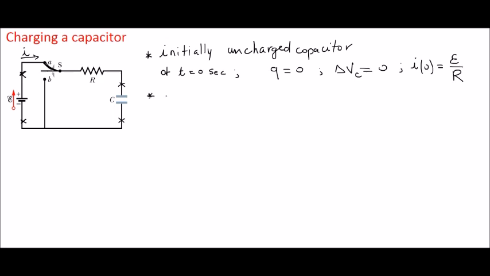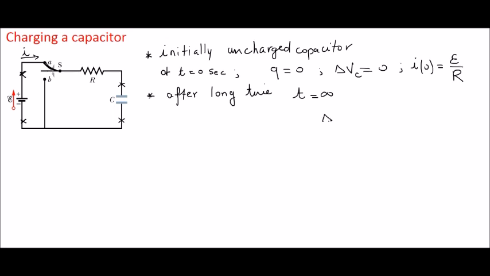If we wait longer, so after a long time. What do we mean by long? Mathematically, t equals infinity. What will happen at t equals infinity? Well, the capacitor is fully charged, when the potential across the capacitor is equal to the EMF.